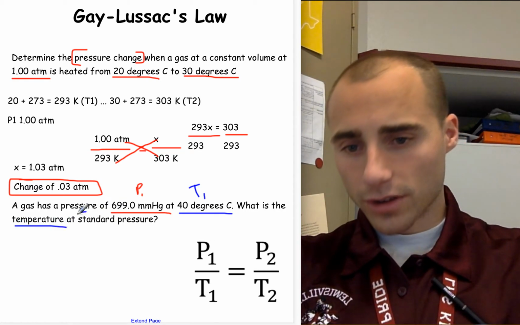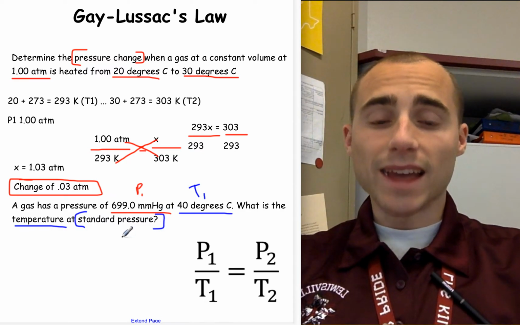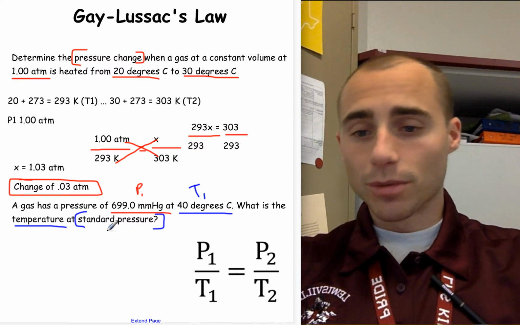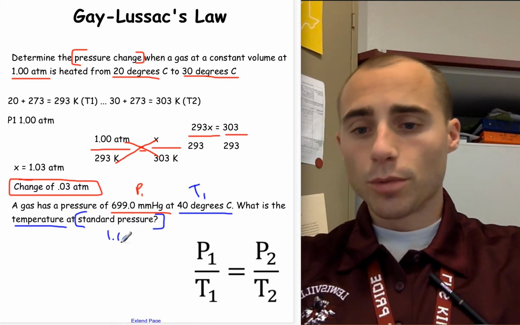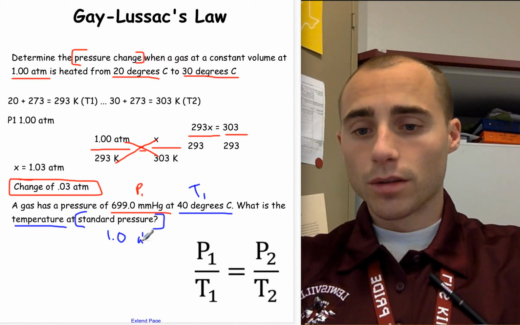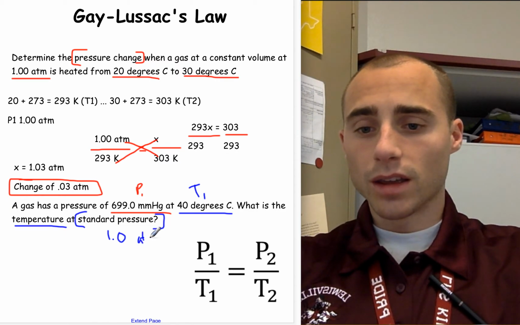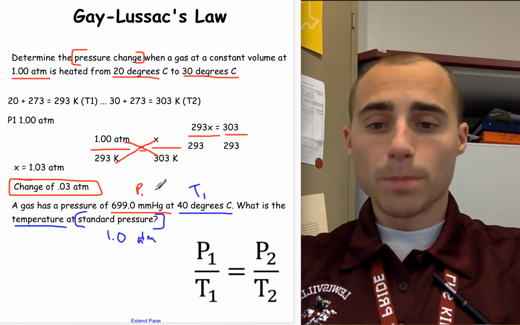Now standard pressure, what is standard pressure? Well, if you look back at STP, standard temperature and pressure, standard pressure is 1.0 atm. So that is an important thing to note. Now, are we in the units we need to be in? Millimeters Hg?